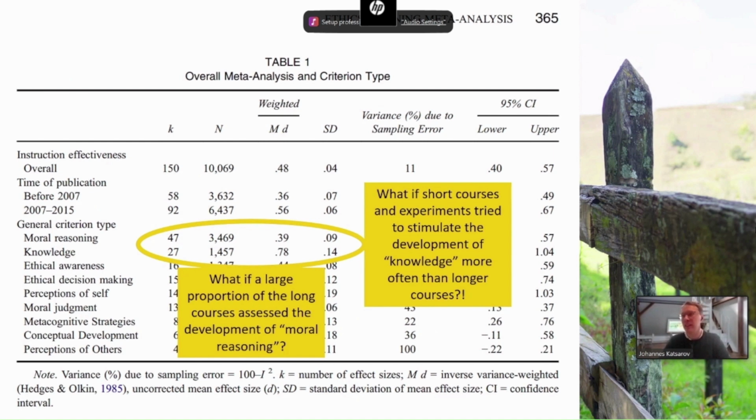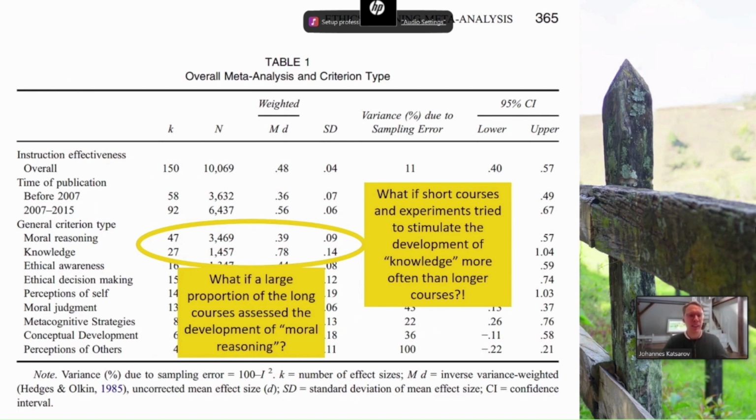Moral reasoning in the Piagetian or Kohlbergian tradition is a very slowly developing ability to view and discuss ethical problems from a principled point of view instead of from an egotistical point of view, or just by what is conventionally accepted in your cultural context. Knowledge, on the other hand, pertains to some stuff like, for example, knowing a code of conduct and being able to reproduce it. So these are completely different things.